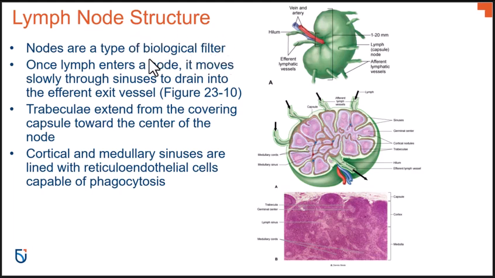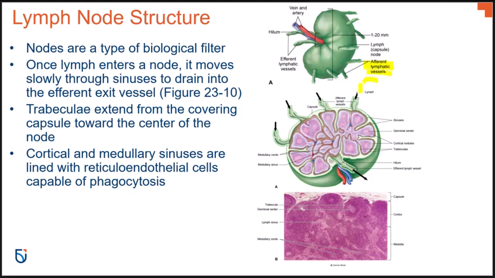And once lymph enters a node, we're going to see how it moves through by looking at this diagram here. As you can see, lymph moves into the node by what are called afferent vessels.